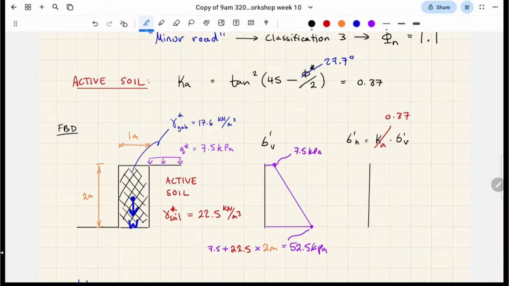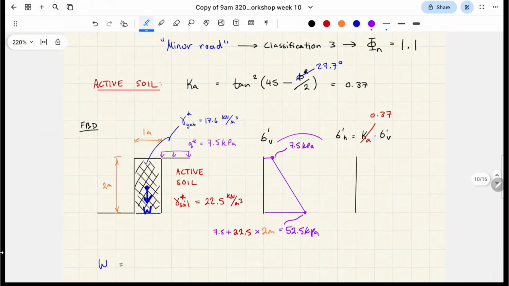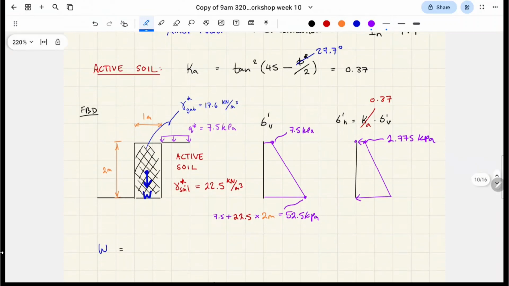Once we've done that, we take this value and multiply it by 0.37. That's going to be this value here, 2.775 kPa. To get this bottom value, we multiply 52.5 by the coefficient of active earth pressure, giving 19.425.